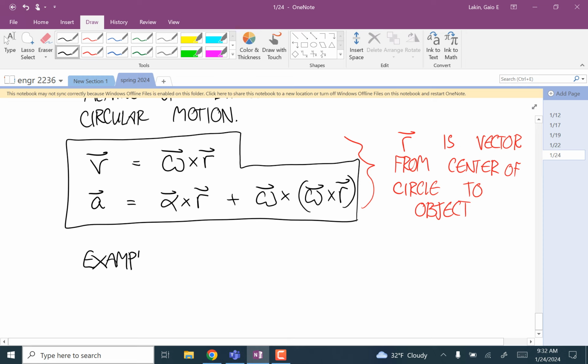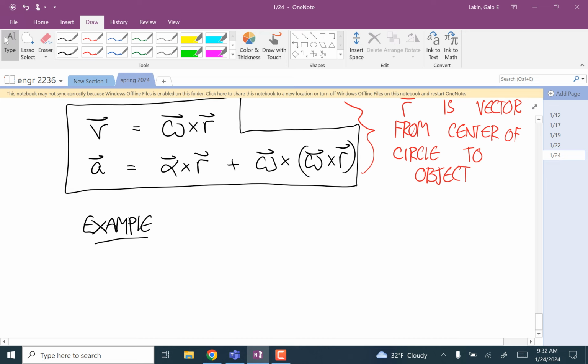So to use these in a calculation, let's say that a child is on a carousel with a radius of 2 meters.